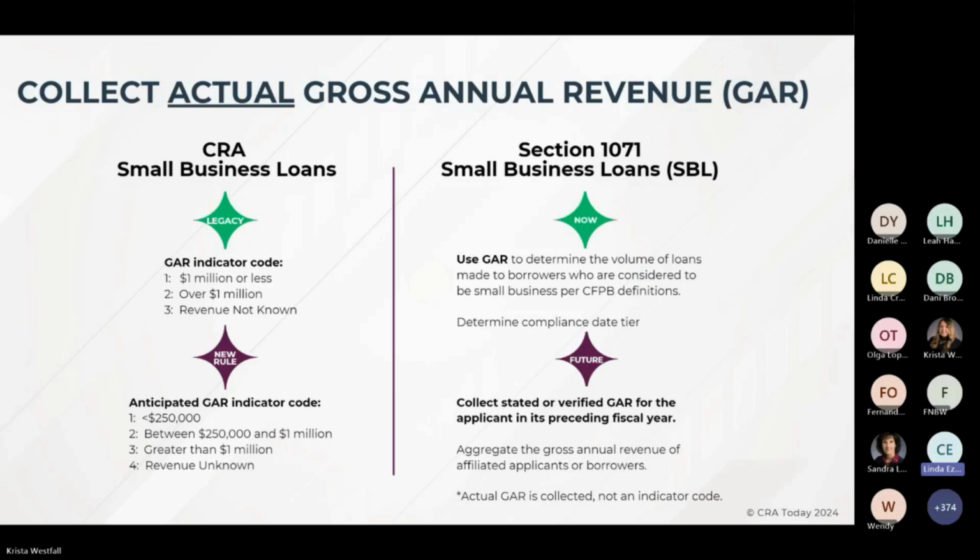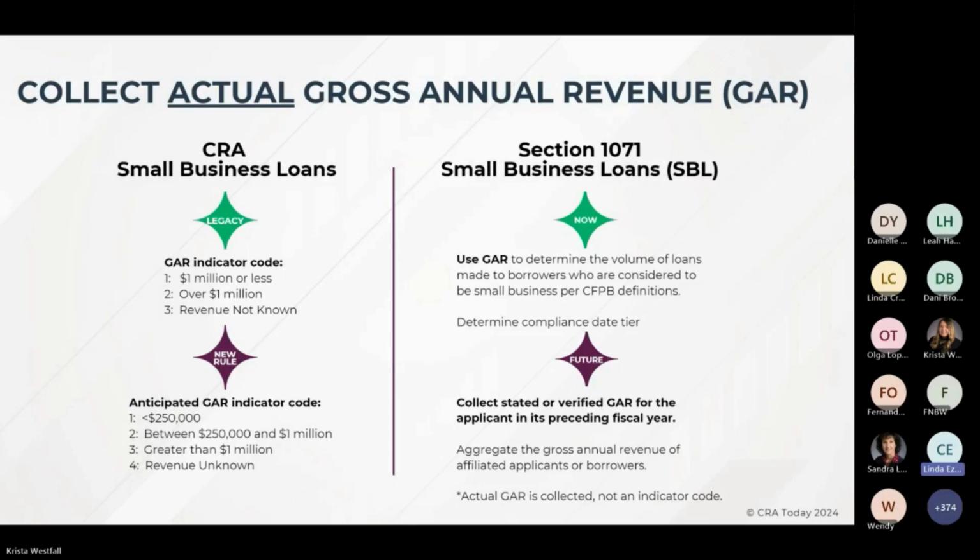Are you importing indicator codes into your CRA software, or are you bringing in GAR and then it becomes a derived field? Some folks are bringing in codes and thinking they might want to revisit that, because at some point someone within the institution needs to make sure they are accurately identifying the indicator codes. Is that the line, or is that you, or is it a derived field? I recommend that we all actually collect GAR.